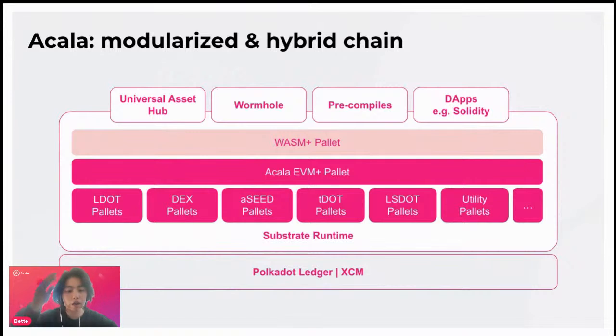And then a layer above that is the Substrate runtime. That makes Acala network highly customizable and powerful. That's where we built the core apps and also protocols. And this is also where we are able to build enterprise and institution grade products like LS Dot and also other products that I may mention later on.